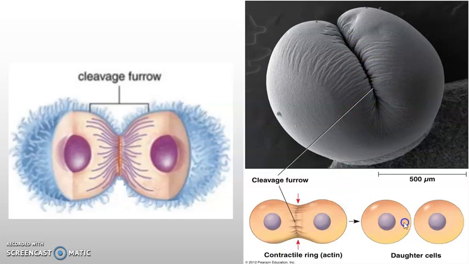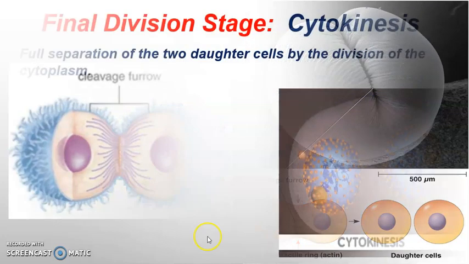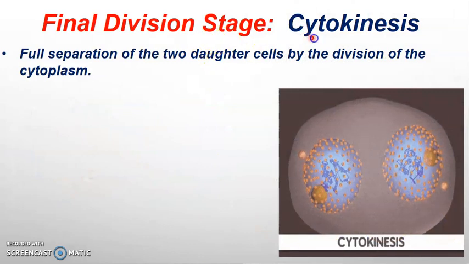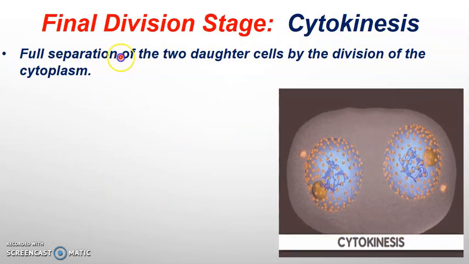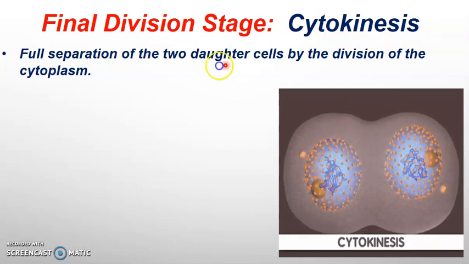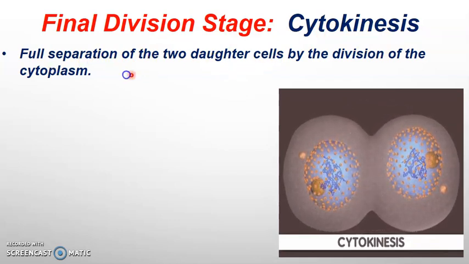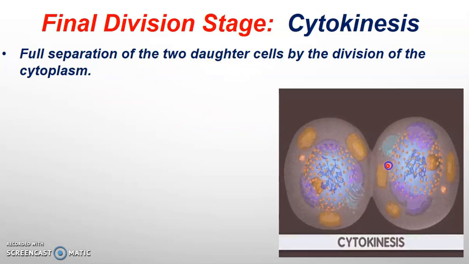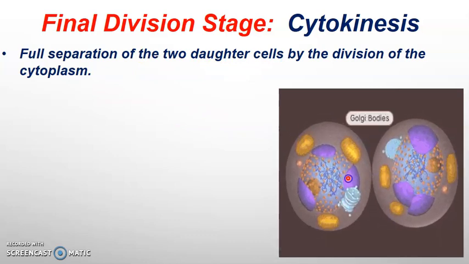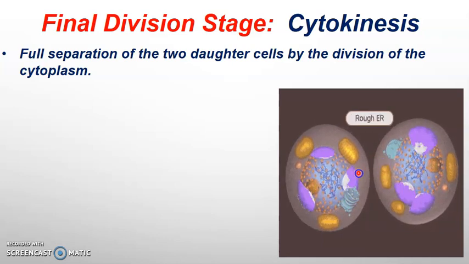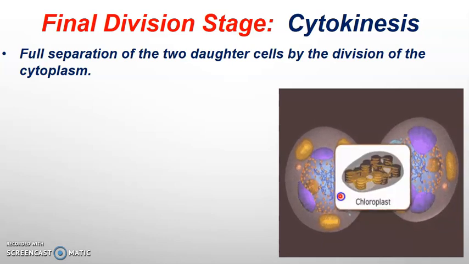Well, to do that, we have to go through the final stage of division that scientists call cytokinesis, which is officially the full separation of the 2 daughter cells by cutting the cytoplasm in half. And you look down here, here's your cleavage furrow, pulling, and eventually, boom, there's your 2 brand new separate daughter cells.